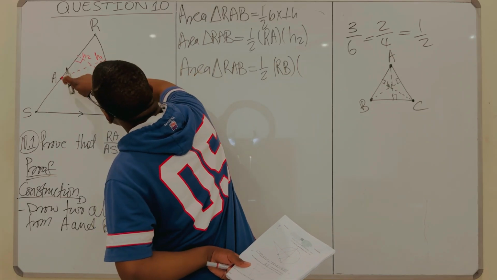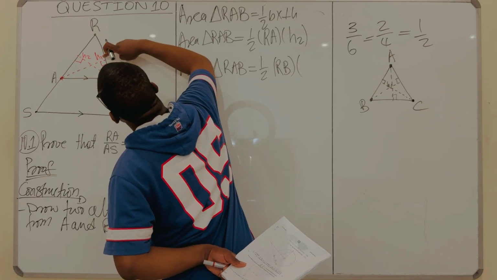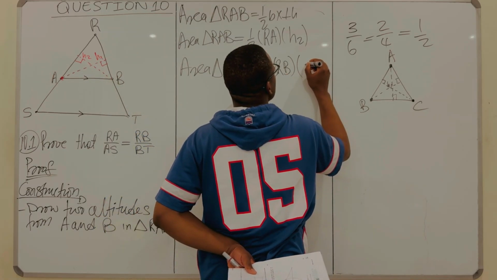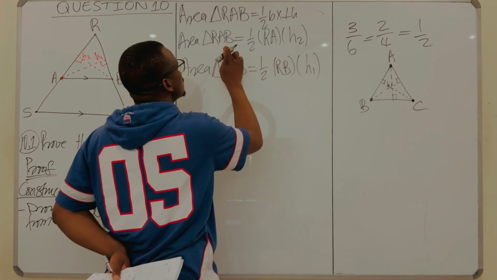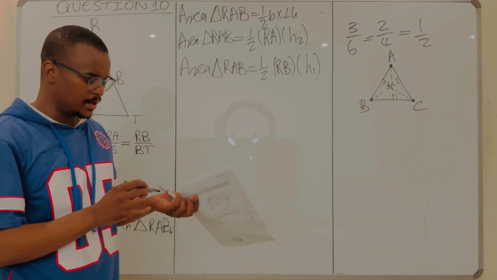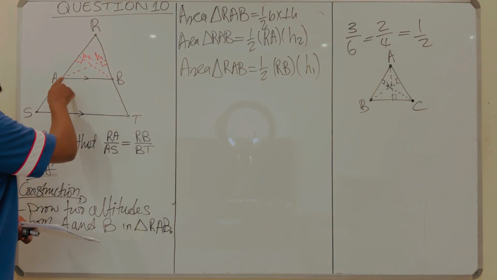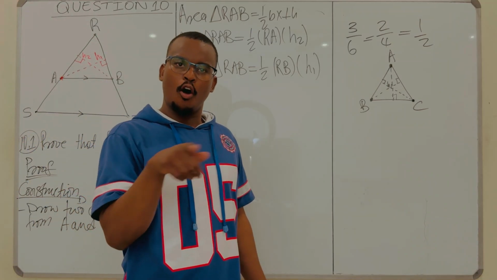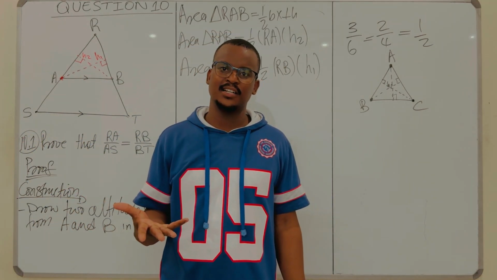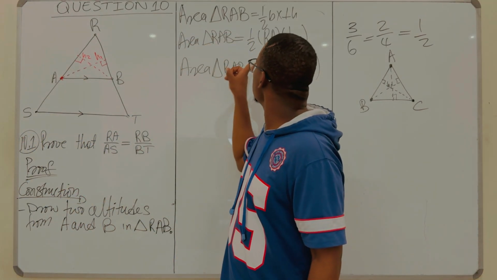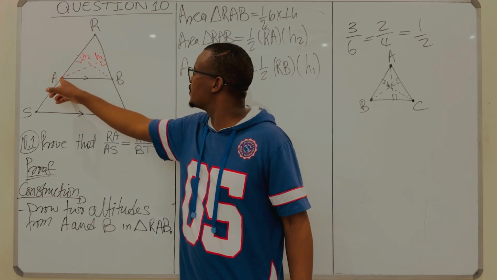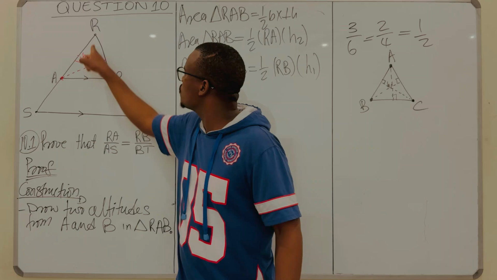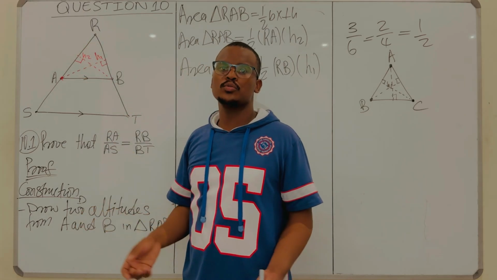The perpendicular height is H1, because if your RB is your base, the perpendicular height is H1, which is the altitude. So these two areas are the same area because it's the same triangle. It doesn't matter which base you use. If you're calculating the area of the triangle and you have the perpendicular height for each base that you select, the area will come out the same. So this area and this area are equal because it's the area of the same triangle. Even if you were to say AB times the perpendicular height, which is the altitude from here, it was going to come out the same.